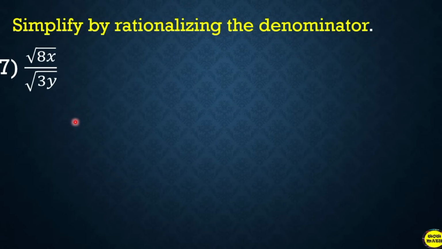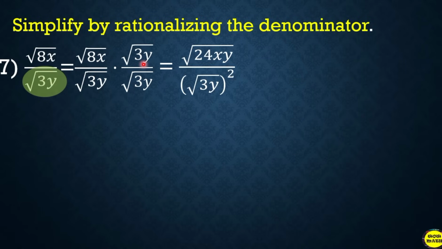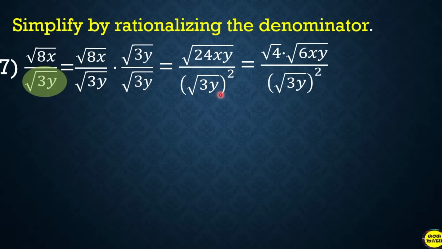Number 7, we have square root of 8x over square root of 3y. So, both numerator and denominator ay imumultiply natin kay square root of 3y. So, that is square root of 8x times square root of 3y. The answer is square root of 24xy. And square root of 3y squared, the answer is 3y.